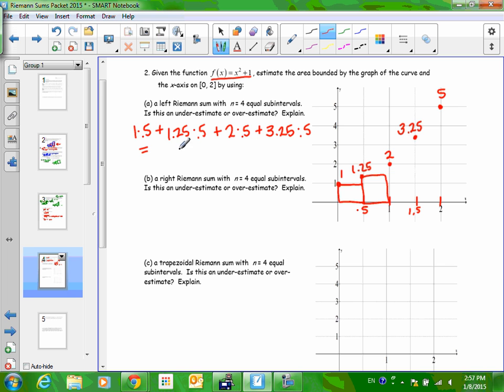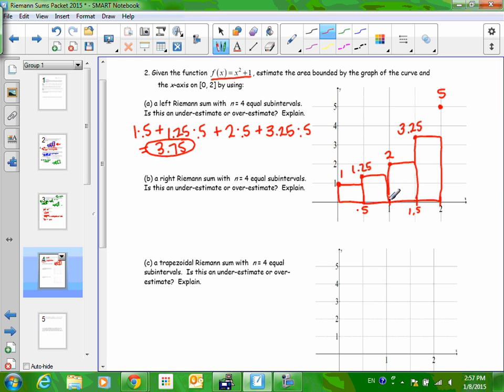And you're going to want to use your calculator for this. Okay, you get 3.75, and there's no units because this problem doesn't have a context.